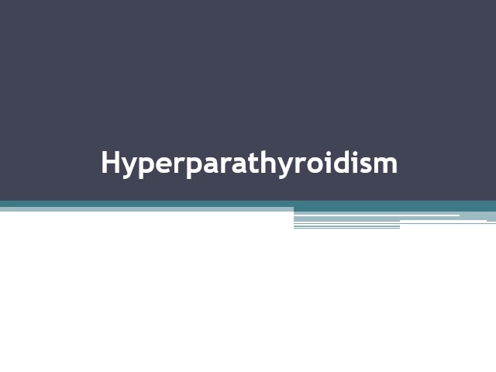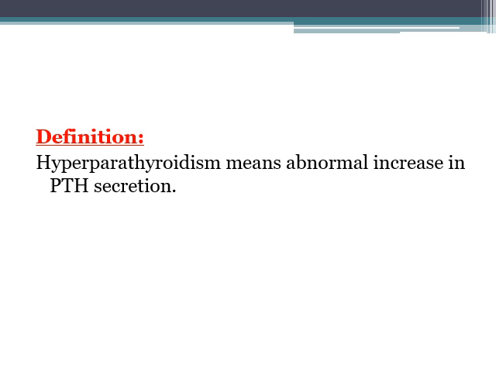The second part of our lecture is hyperparathyroidism. Hyperparathyroidism means hyperfunction of the parathyroid gland, and as we said before, we have four parathyroid glands embedded behind our thyroid gland. So it means abnormal increase in the parathyroid hormone, which is secreted from the parathyroid gland.